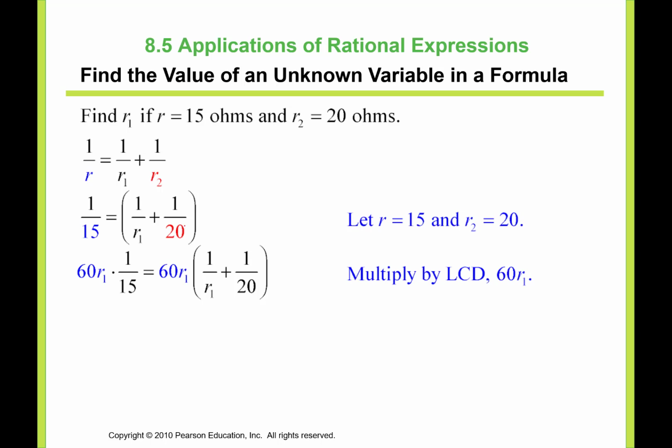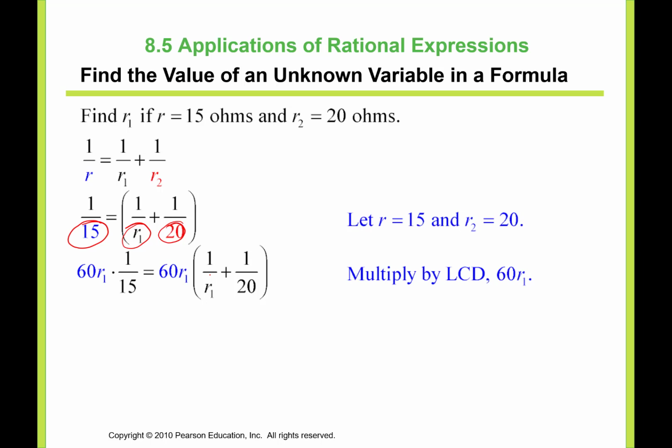It's pretty obvious to see that the LCM of 20 R1 and 15 is simply going to be 60 R1. So we multiply throughout everything by the LCM, and the result would be as follows on the left and the right.